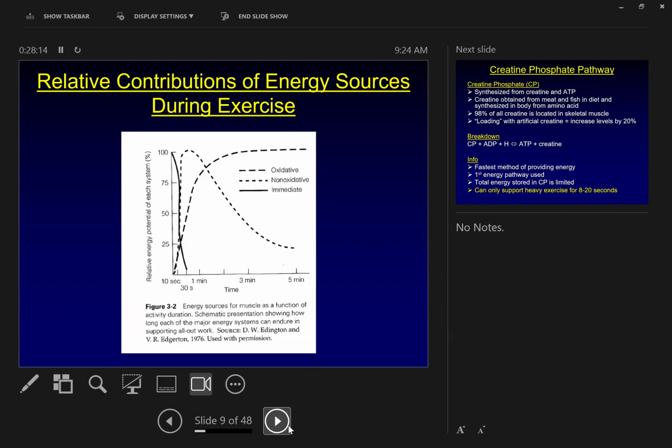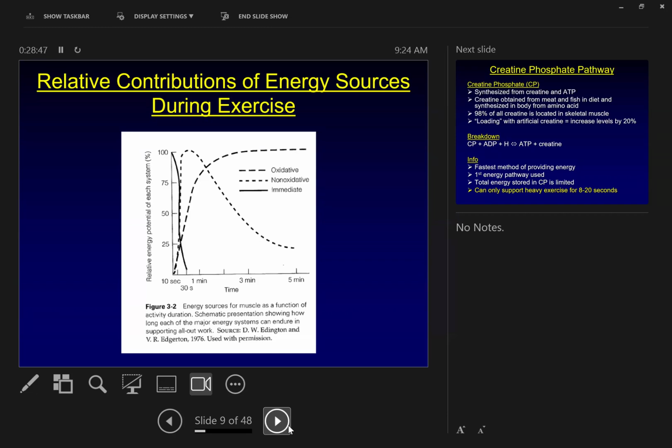Then you are immediately going to start breaking down the creatine phosphate to turn ADP back into ATP. You have enough creatine phosphate in your muscles for maybe 10, 15, 20 seconds of very heavy, all-out exercise. If you're just going to squat your body weight and hold it, it probably lasts a little bit longer.